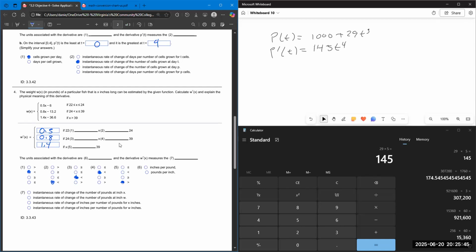And this is going to be the fish growing in pounds per inch, right? And the instantaneous rate of change of the number of pounds at inch x.